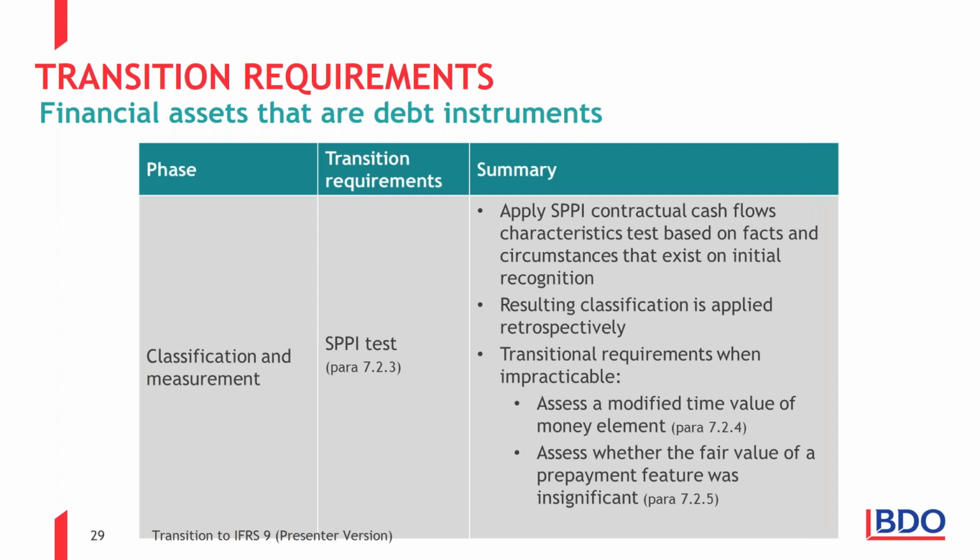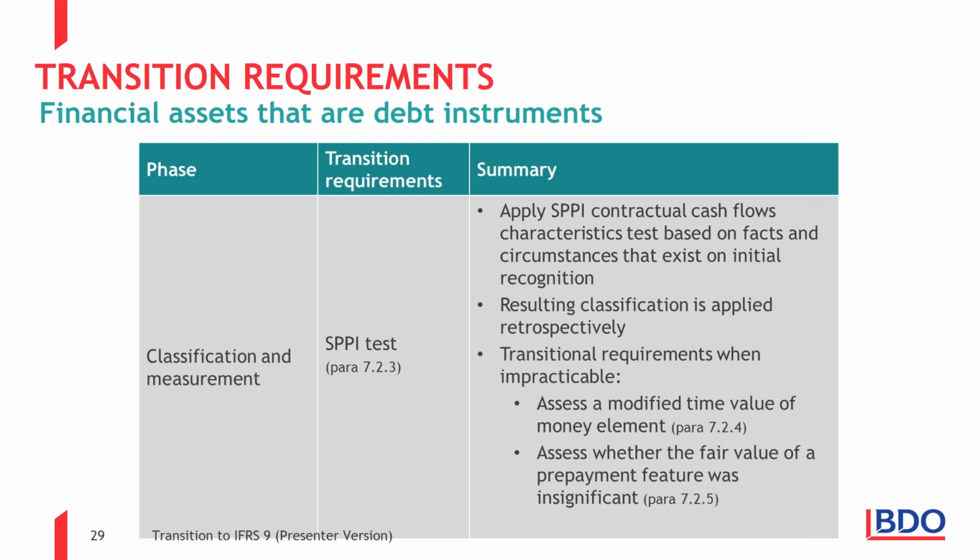Your resulting classification is applied retrospectively. So you don't consider the facts and circumstances that existed in the previous year or previous years. You just say, to assess SPPI at the date of initial application or initial recognition, what are my SPPI? Is it solely for the purposes of principal and interest or not? It is then applied retrospectively.